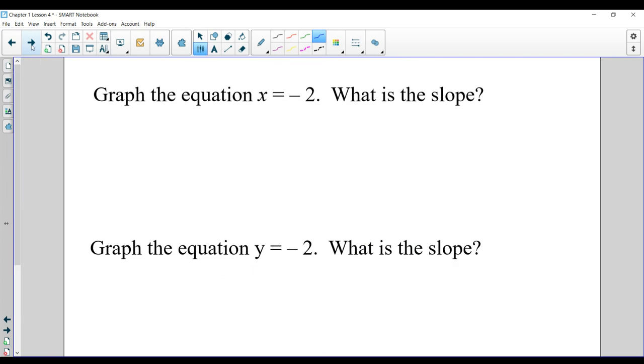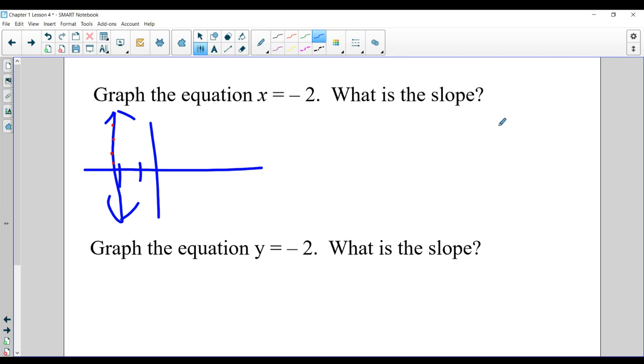When you have horizontal and vertical lines, x equals -2, you would go over to an x-coordinate of -2 and draw the line vertically. The reason is all the points along here are going to have an x-coordinate of -2. So this would be (-2, 0), (-2, 1), (-2, 2), (-2, 3), and so on.